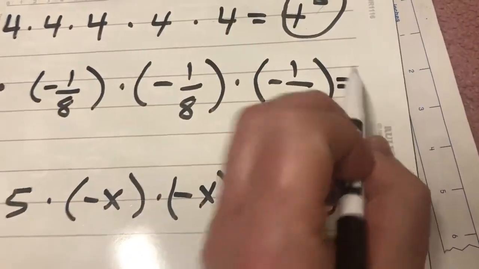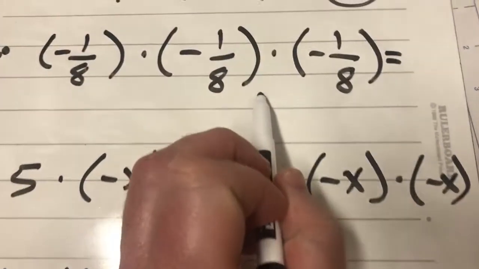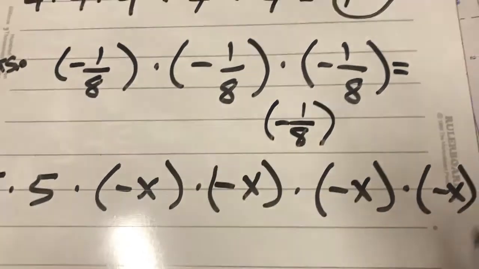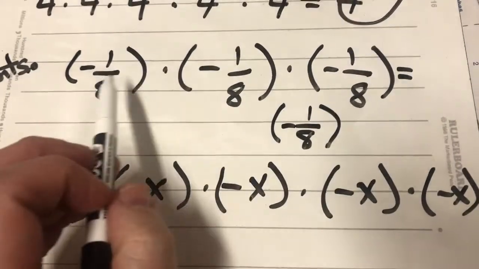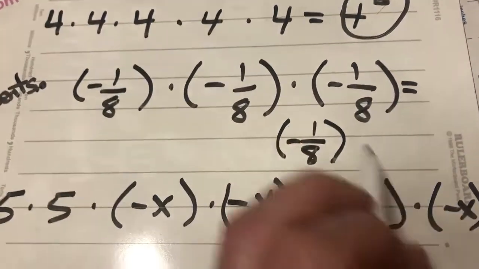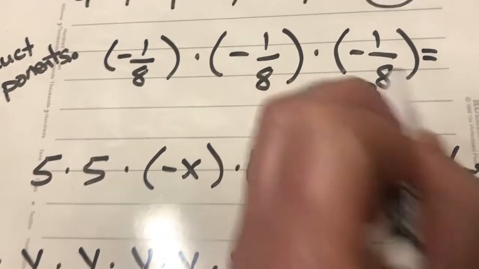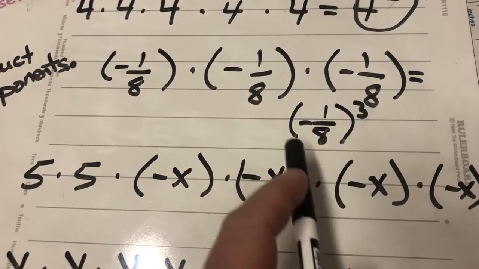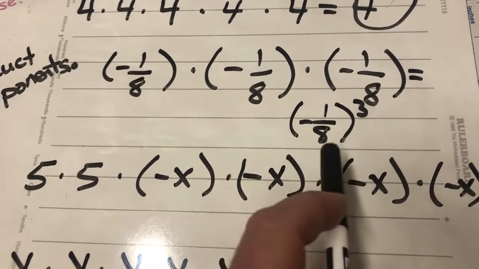So we're going to end up with a base number in parentheses, and I'm just going to write it over here, of negative 1/8. Okay? And then, since there's 1, 2, 3, it's negative 1/8 to the power of 3. Now, there's a couple reasons here why we need the parentheses.